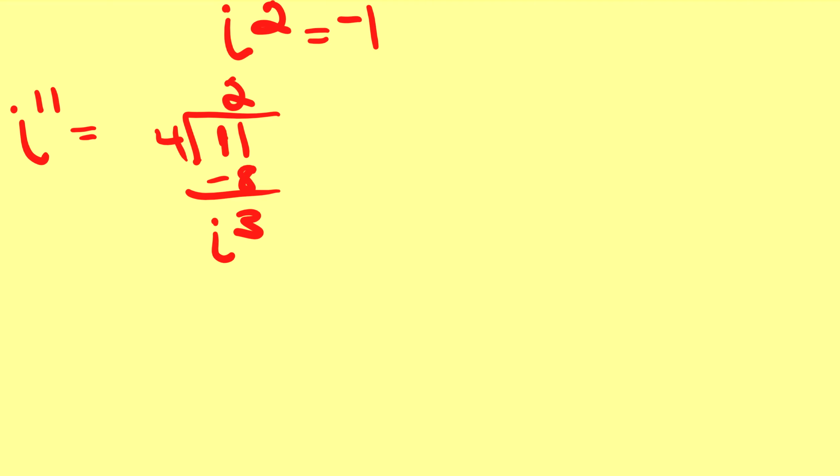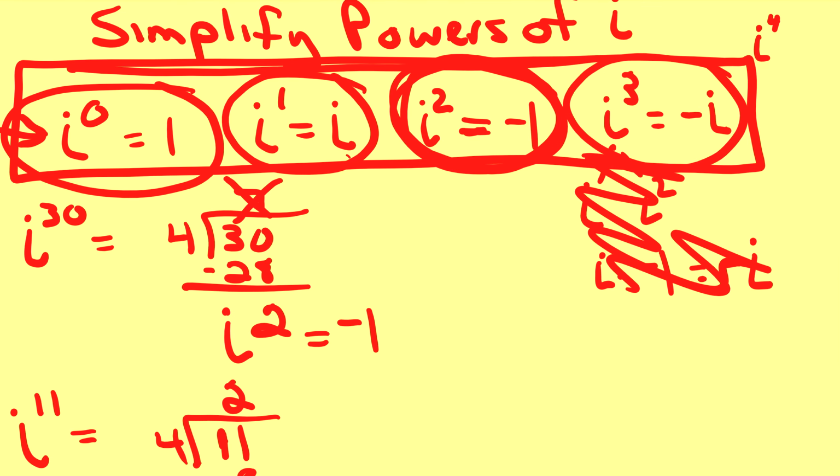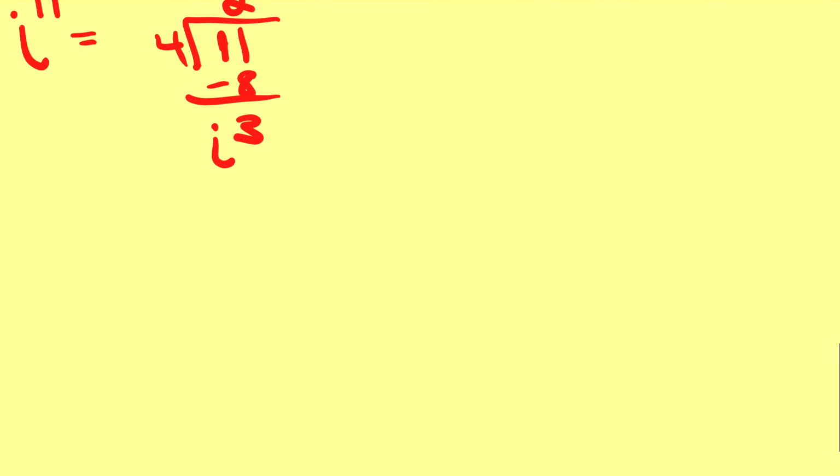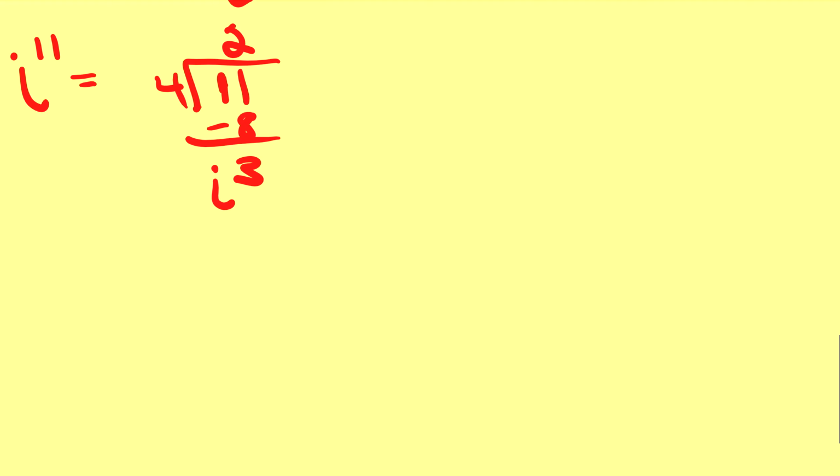So I've got i to the 3rd power, and as we recalled, i to the 3rd power equals negative i. Therefore, i to the 11th power is negative i, like so.